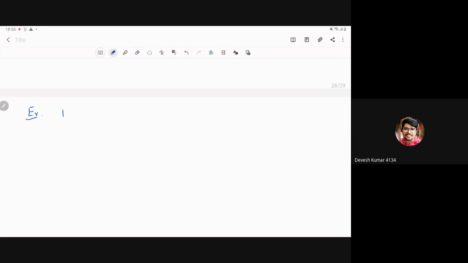Find A power 78 where A is equal to [2, minus 1; 2, 5]. Use Cayley-Hamilton theorem to do it. Indeed, you will do that.